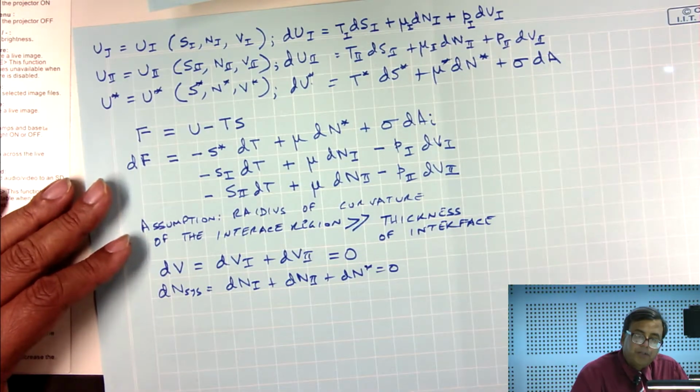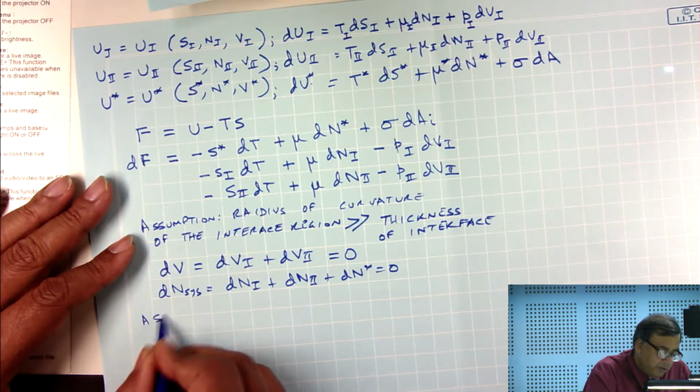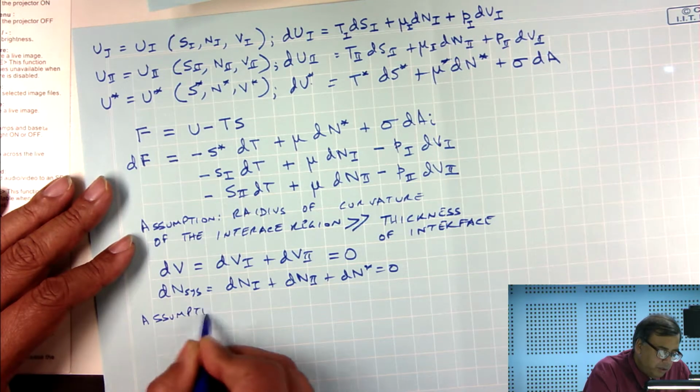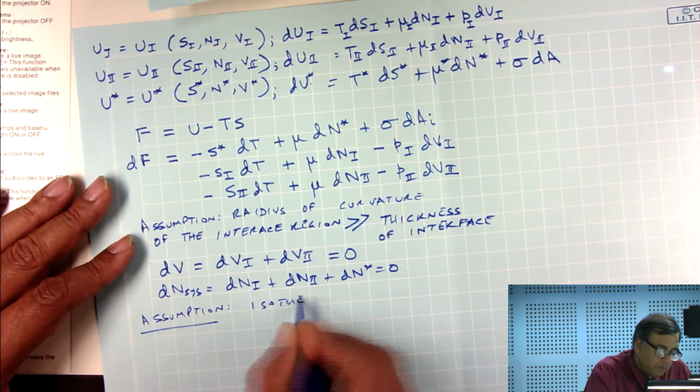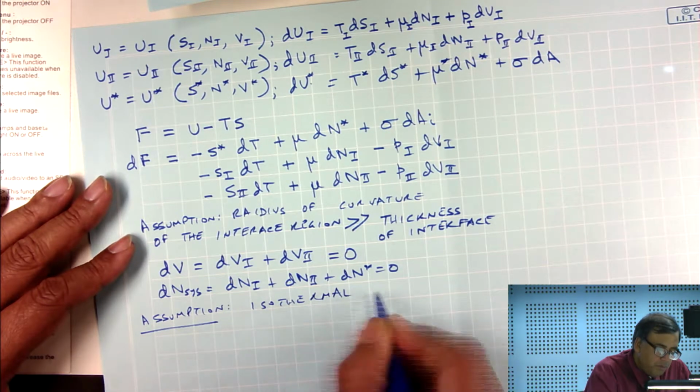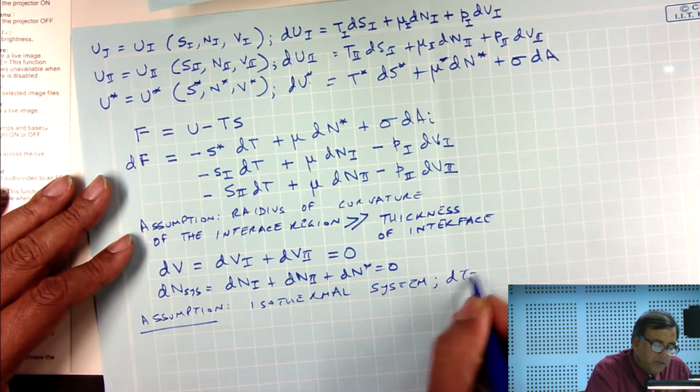And if I assume that this whole thing is isothermal, so that is the other assumption I am making, that it is an isothermal system, so your dT is equal to 0.